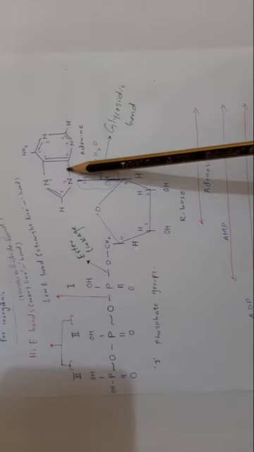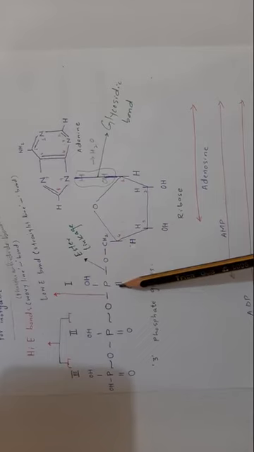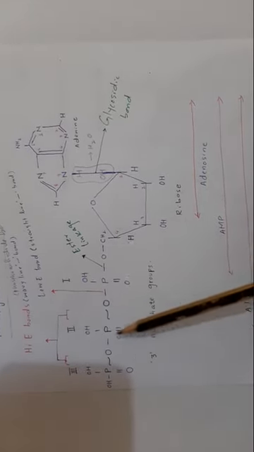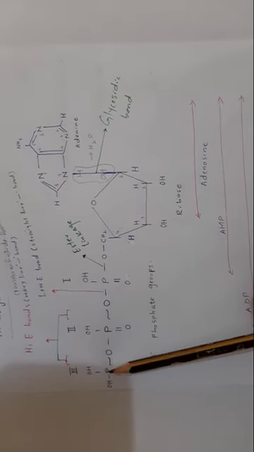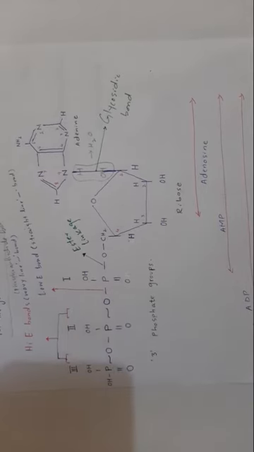Now if you look into this diagram, this is the ribose, a 5-carbon pentose sugar. When it is linked to adenine, a double ring nitrogenous base, a molecule is formed that is called adenosine. When a phosphate group is bonded to this adenosine, a nucleotide is formed which is called adenosine monophosphate. By the addition of a second phosphate group, adenosine diphosphate is formed, and finally with the addition of energy and a third phosphate, adenosine triphosphate is formed.